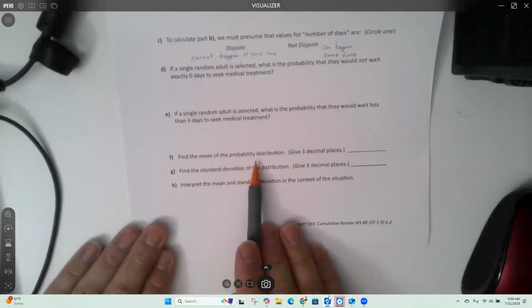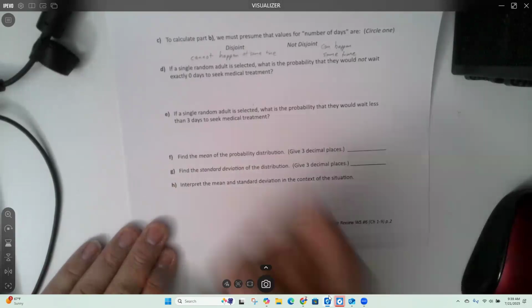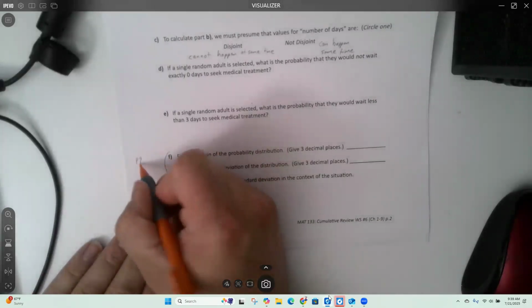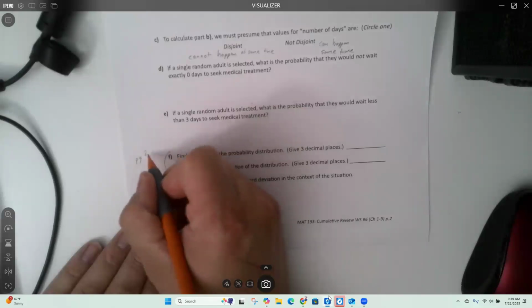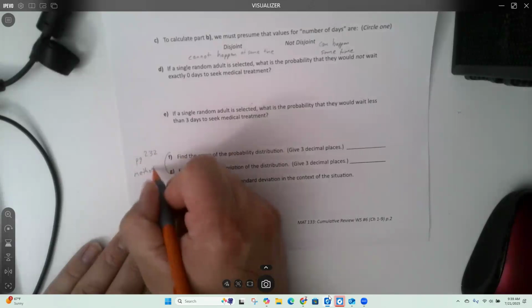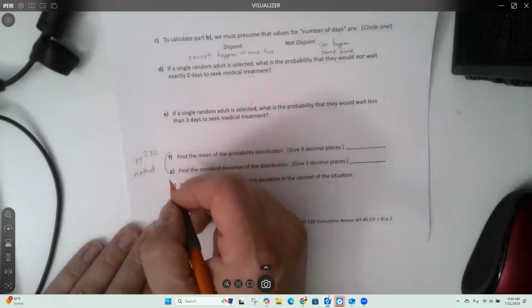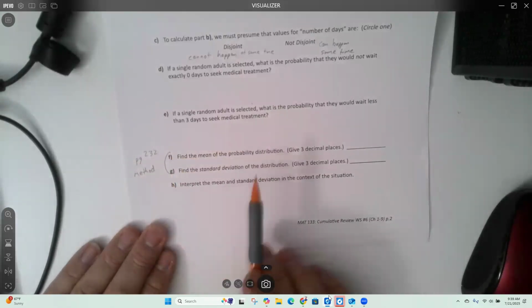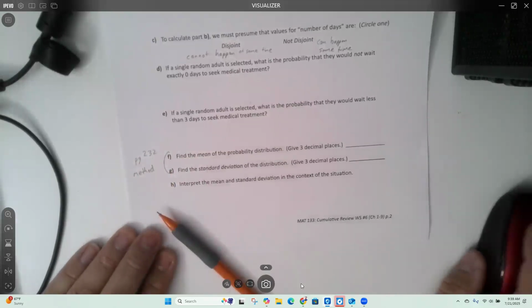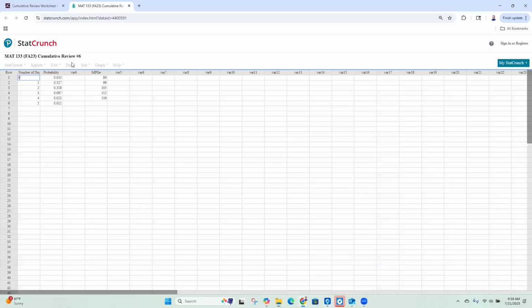Find the mean of the probability distribution, find the standard deviation of the probability distribution. So for both of these, on page 232, there were three methods on how to find a mean and a standard deviation in StatCrunch. Over here, I've got my StatCrunch open.